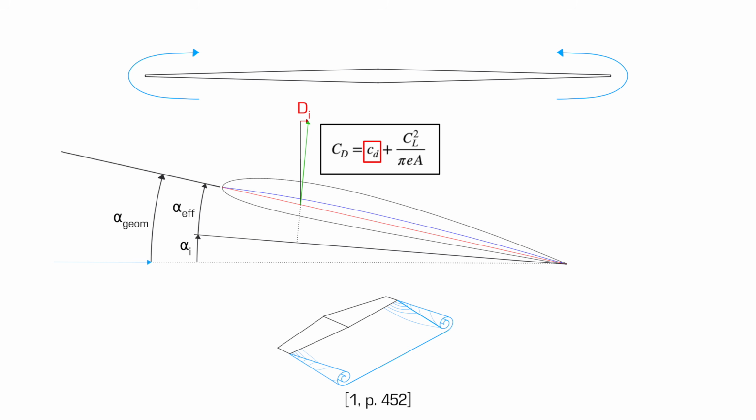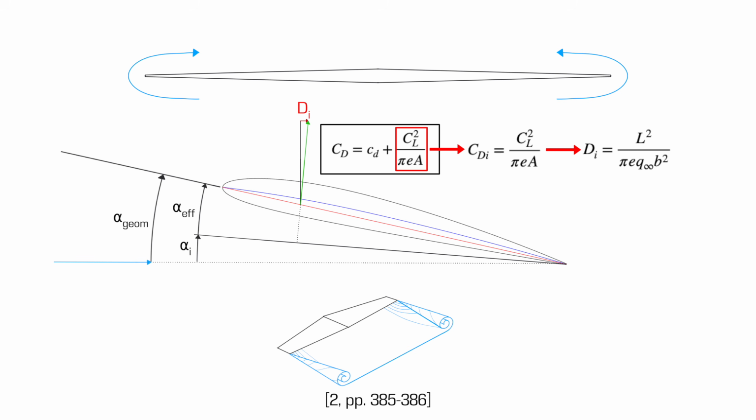The first term is the drag coefficient of the airfoil at a certain lift coefficient, and the second term is the induced drag coefficient. Notice that the induced drag is heavily dependent on the wing's lift coefficient and the aspect ratio of the wing. The dependence on the aspect ratio is actually misleading, as redimensionalizing this equation by multiplying it by the dynamic pressure and planform area shows that the induced drag is actually dependent on the square of the wingspan.